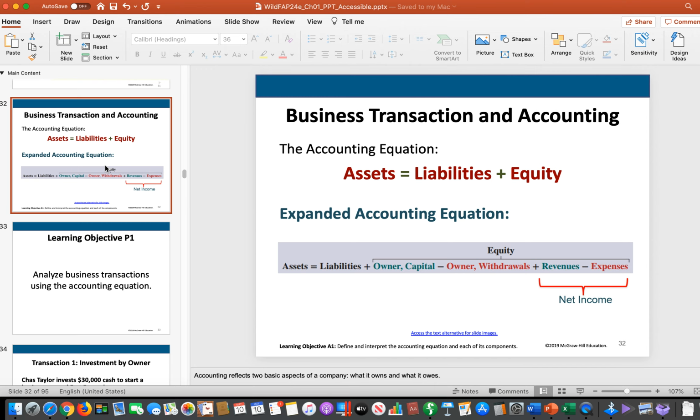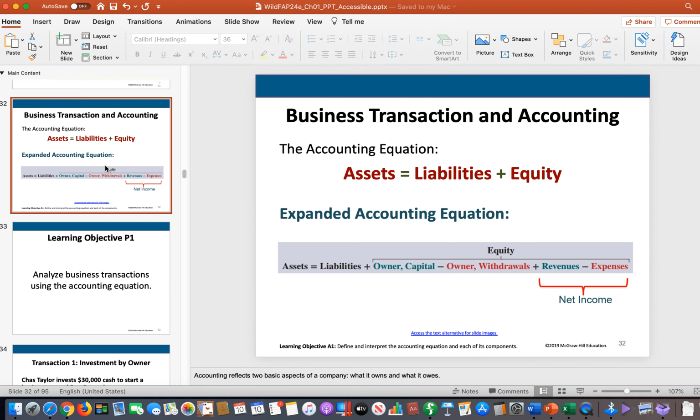Now, look at the last two items. Revenue minus expenses is your net income. So if you sell $1,000 worth of services and you have expenses of $800, your net income is $200. Let me say that again.